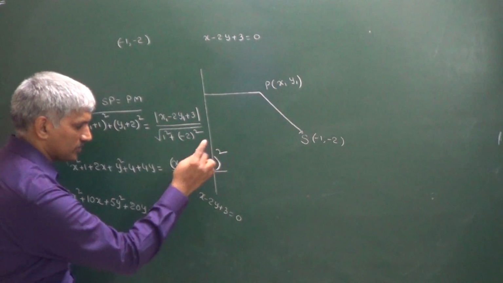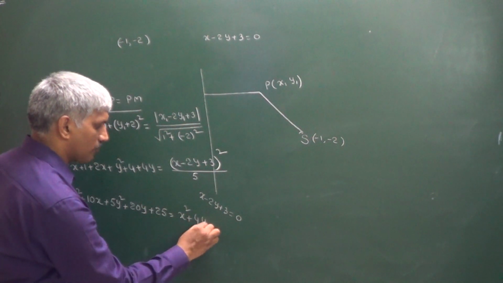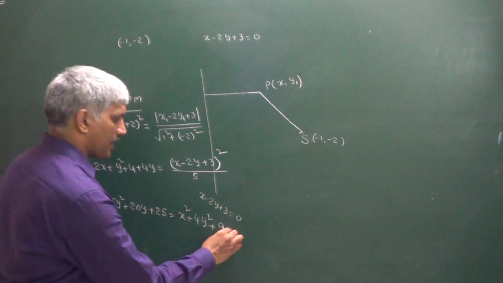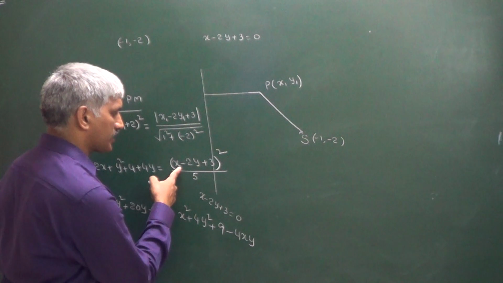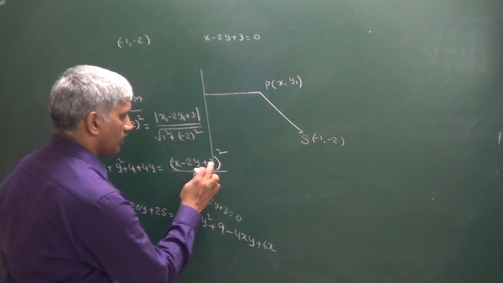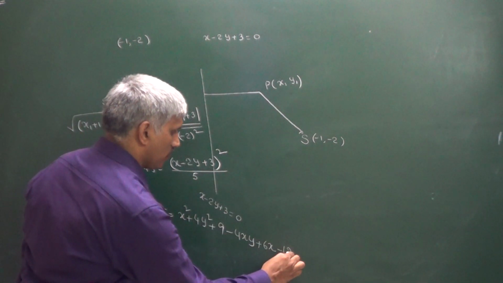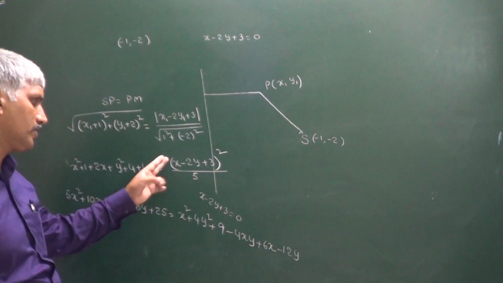A plus b plus c whole square, x square plus 4y square plus 9 minus 4xy, following or not, minus 4xy, next plus 6x minus 12y. Okay, a plus b plus c whole square.